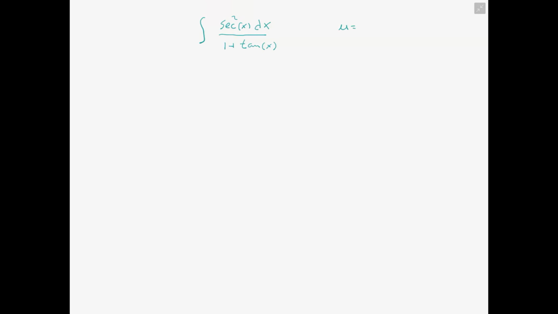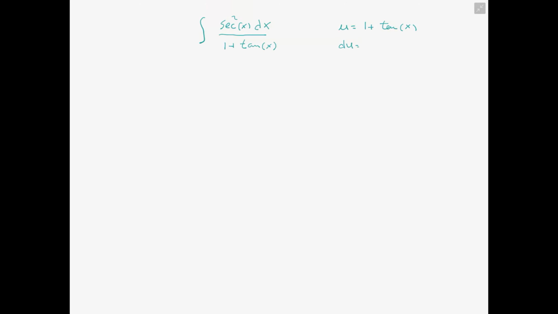So let's try our substitution again. u equals 1 plus tangent x, and du equals... now, this is where things get a little interesting.